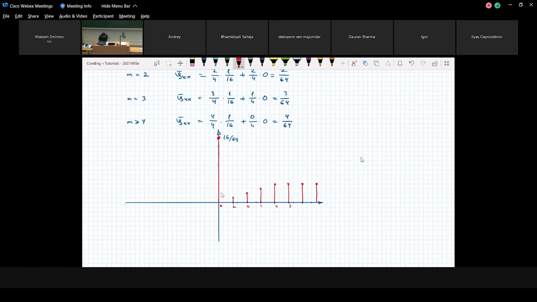The same for the negative range, 1, -2. This is constant. This is how it looks.